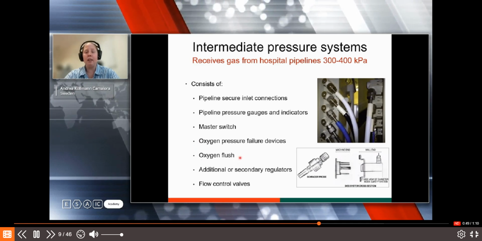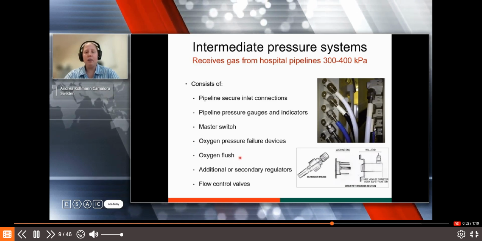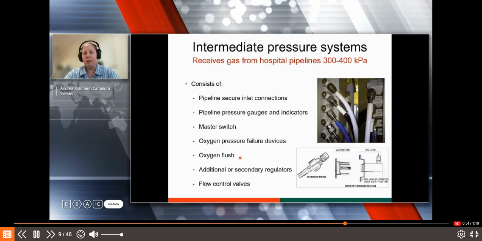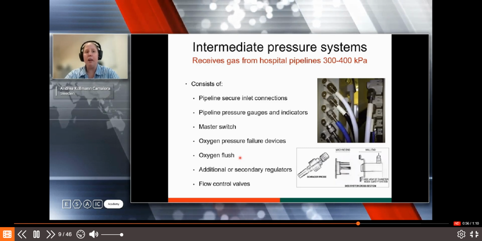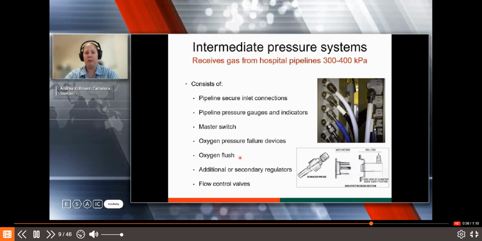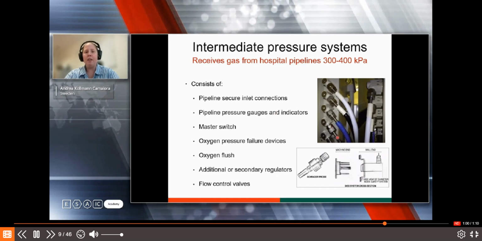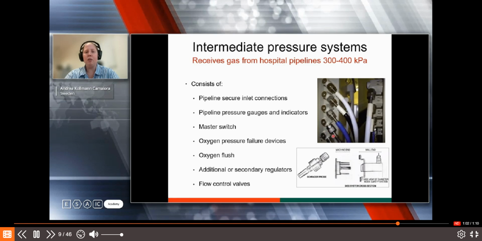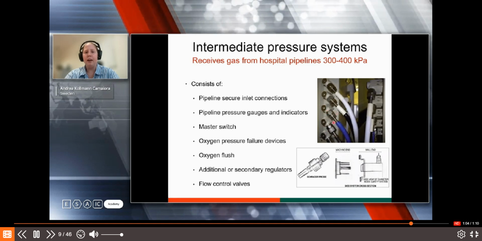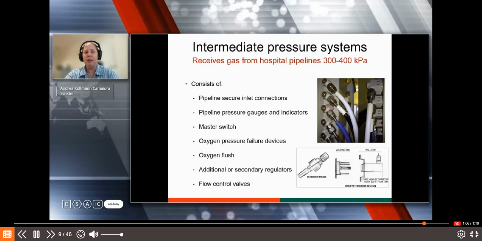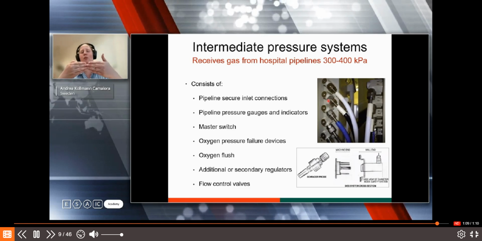So in the exam, they can ask you, the oxygen flush belongs to the low pressure system, and that's false. It belongs to the intermediate pressure system. And then if they ask you how these connections are called, they're called Schrader probes. And each probe is unique to each gas, so you cannot put the wrong connections.